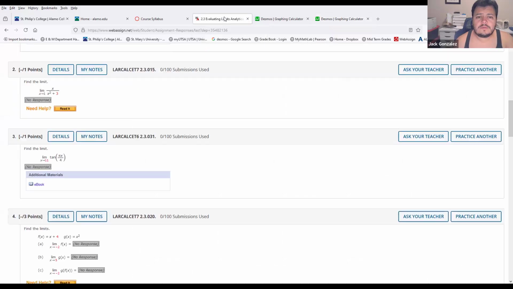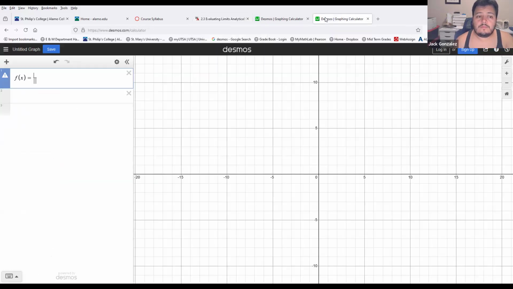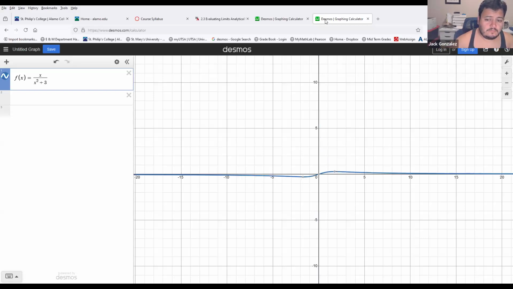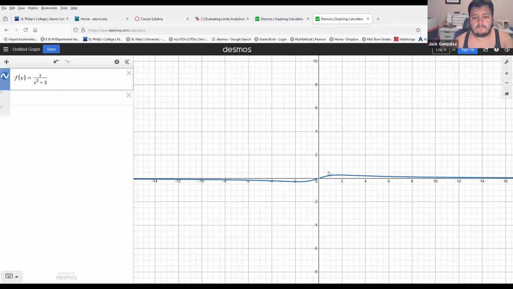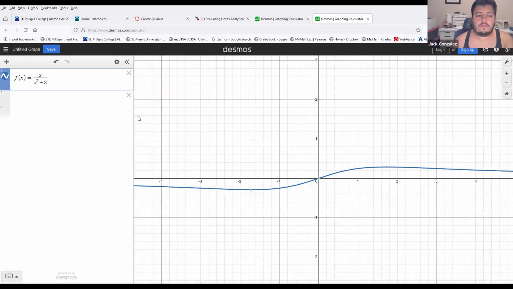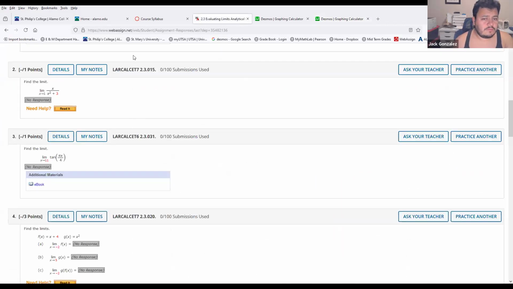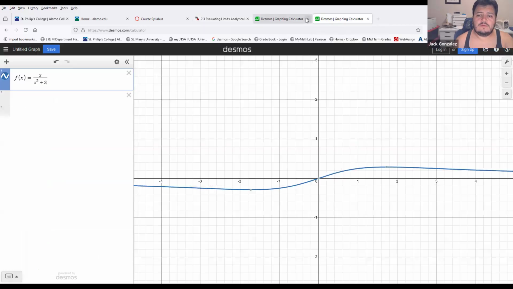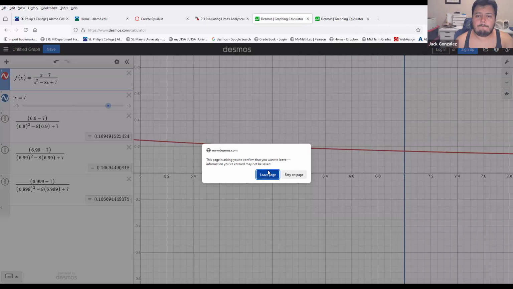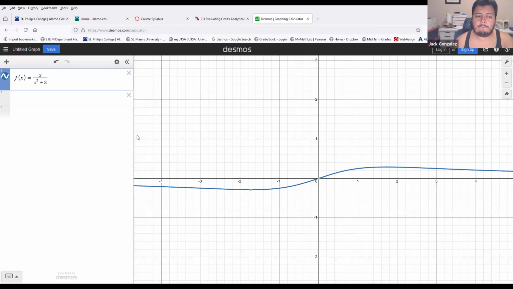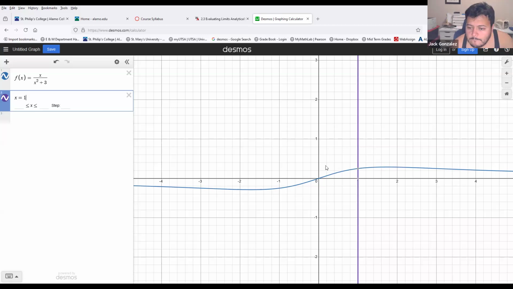Who's on top? All right. So as we approach 1, what is the graph doing? As we approach from the left side, the y's are going to 0.24-ish.